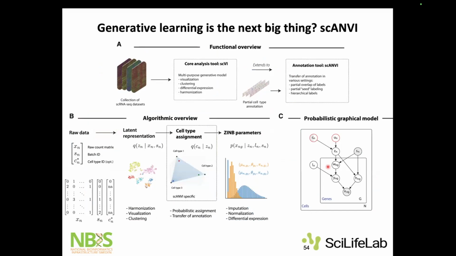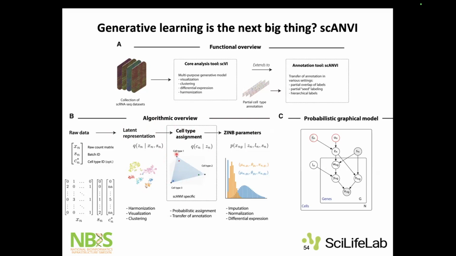So they are based on the integration. So you harmonize, you get the new data, you integrate it with the data, and then you want to assign the cell types, like transfer the labels. Here also, what it does is exactly similar to SCVI, but it uses the latent representation of the data to get the information about the position of cells and adds a classifier at the end of that.